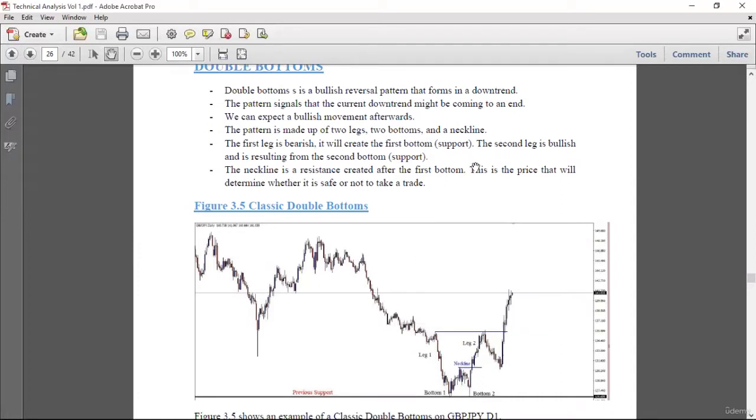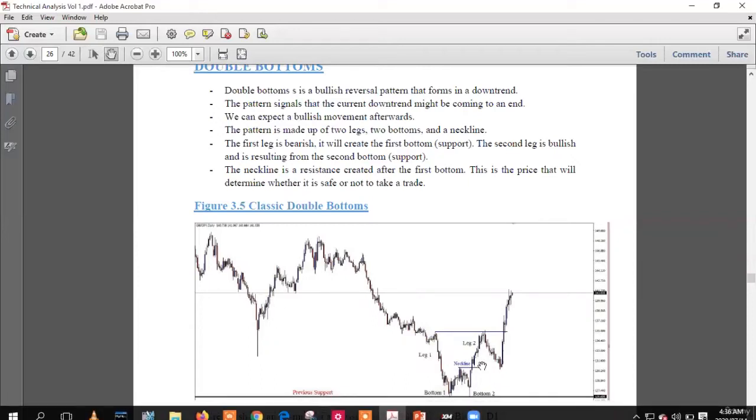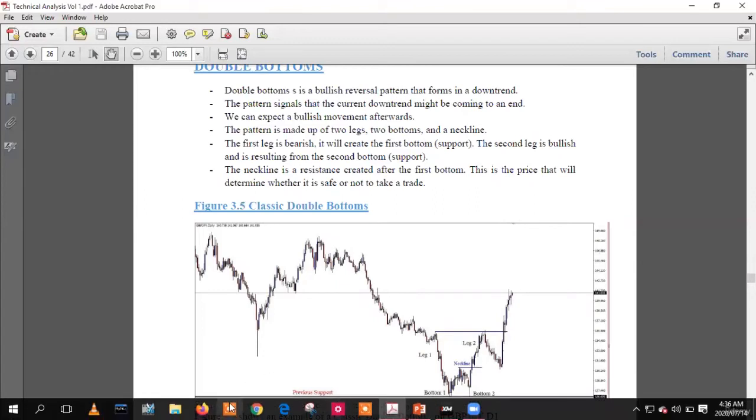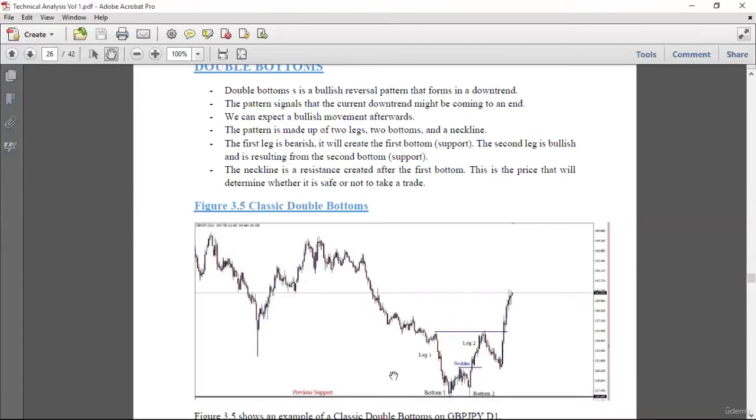It will form in a downtrend when the market is going down, creating lower highs and lower lows like this. The pattern signals that the current downtrend might be coming to an end. So if it's going down like this, it does like this. Yeah, I had marked previous supports. You can just go on a platform and check if we had that as a support, but I marked it here as a previous support.